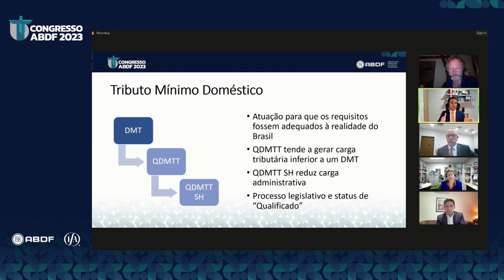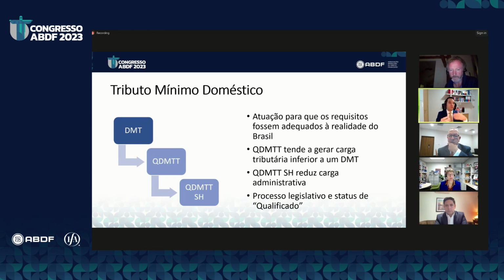Aqui nós sabemos que, no cenário Globe, invariavelmente nós teremos uma elevação da carga tributária geral, porque o top-up tax que hoje não é cobrado, será cobrado. Quando eu adoto um Domestic Minimum Tax que é qualificado como um Qualified Domestic Minimum Top-up Tax, eu tendo a gerar uma carga tributária inferior àquela que seria gerada pela simples adoção de um DMT não qualificado.